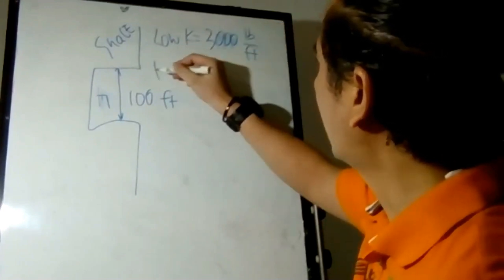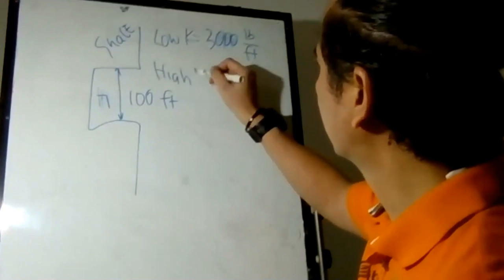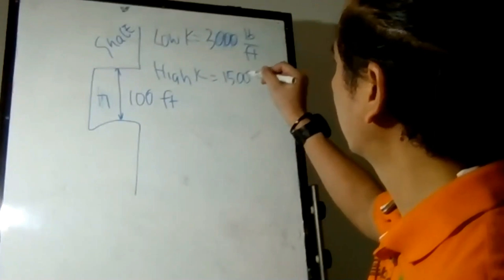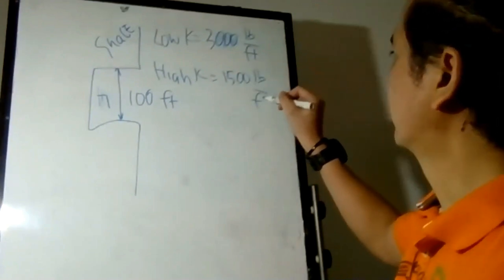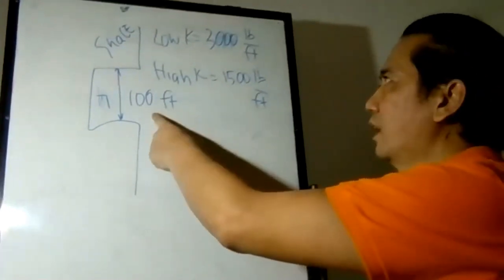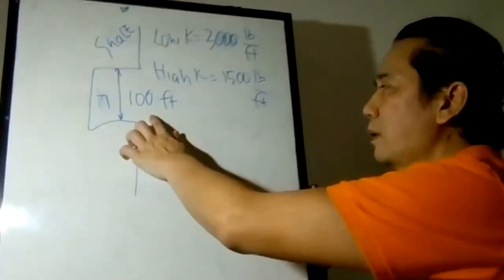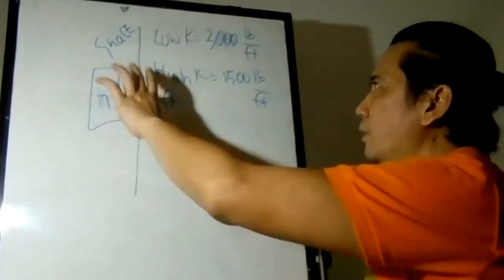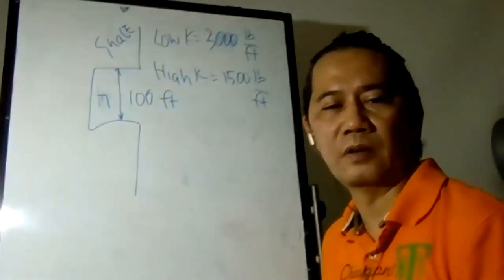If you deal with high permeability, you may pump 1,500 pounds per foot. Meaning that if you deal with 100 feet of low permeability reservoir, you're pumping 3,000 times 100, so 300,000 pounds of proppant.